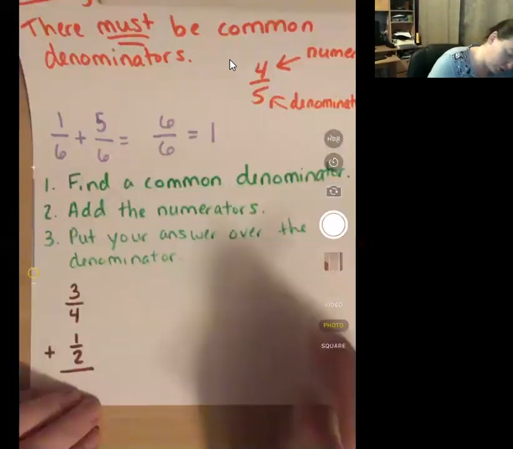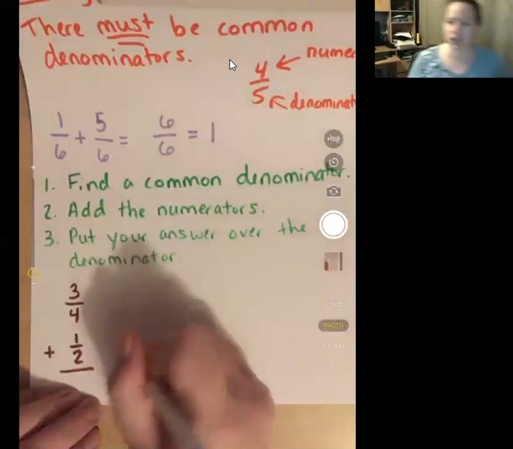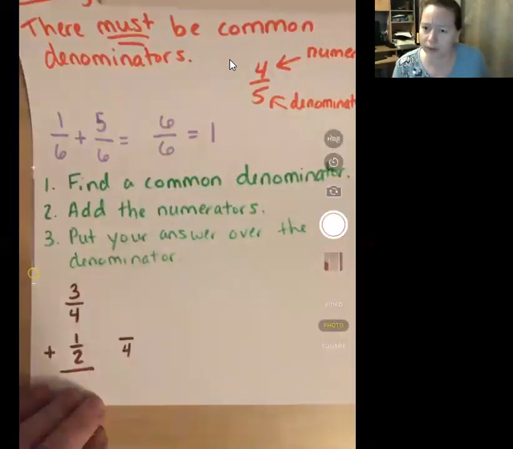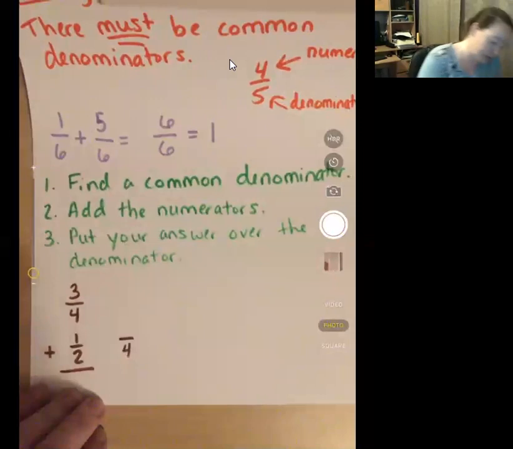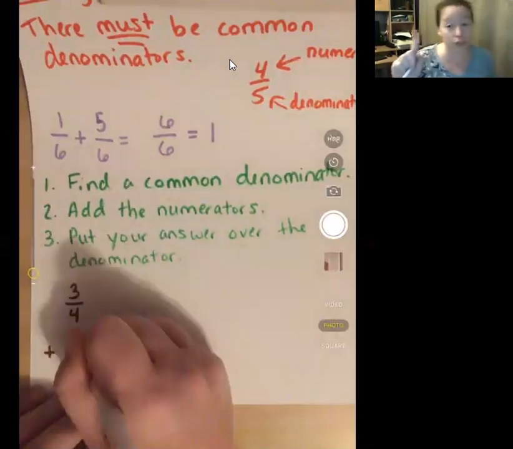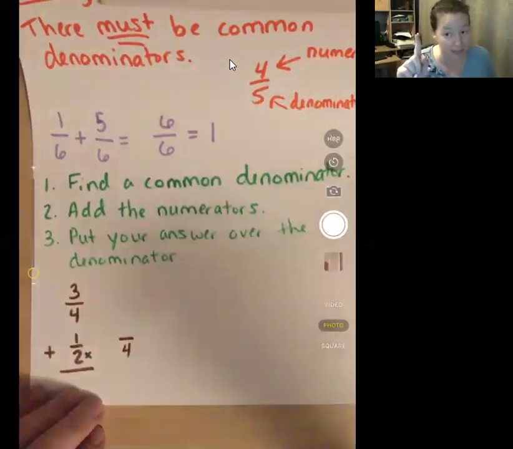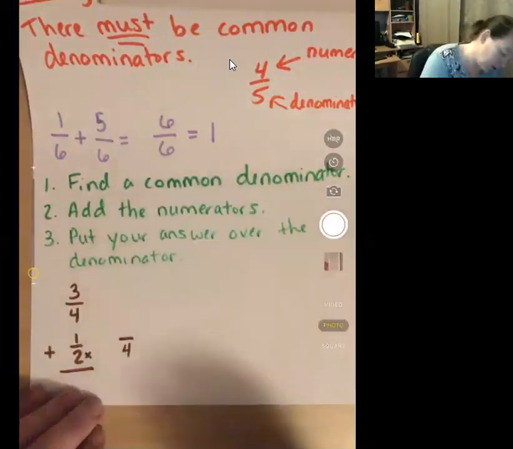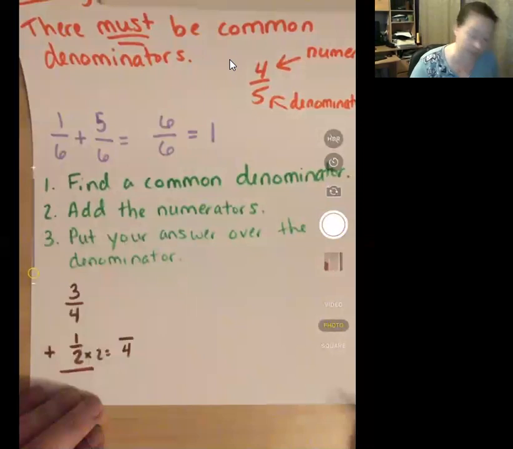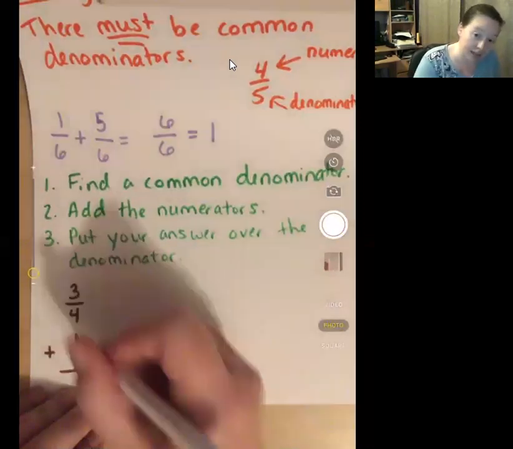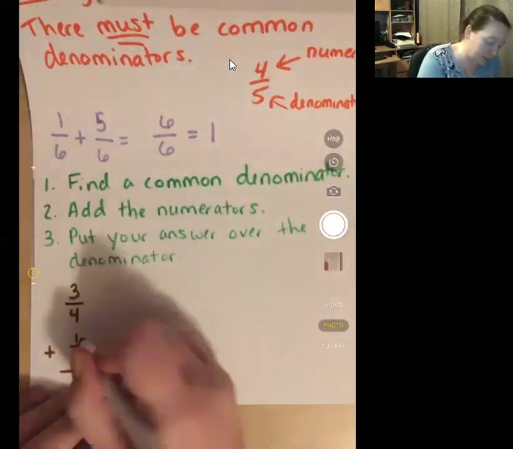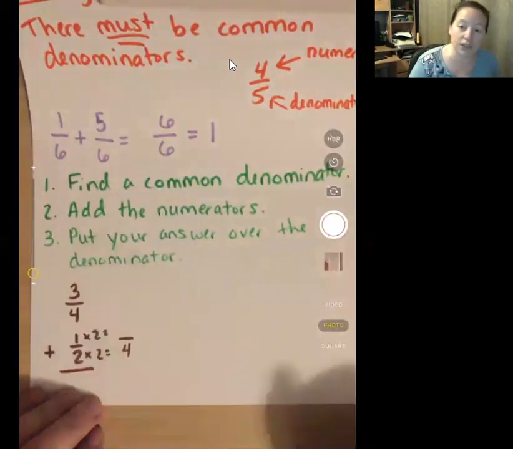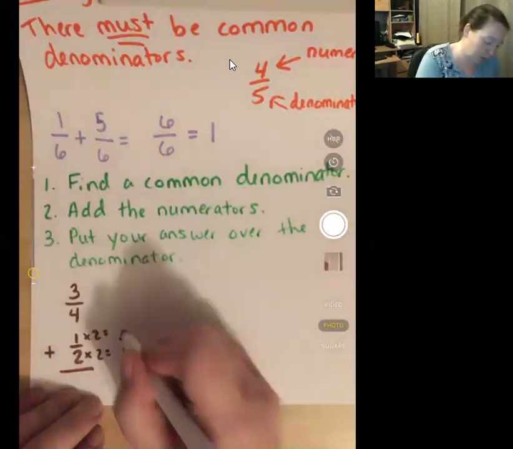What did I do to the 2 to make it a 4? I multiplied it by 2. 2 times 2 is equal to 4. Whatever I do to the bottom, I have to do to the top. 1 times 2 is equal to 2.